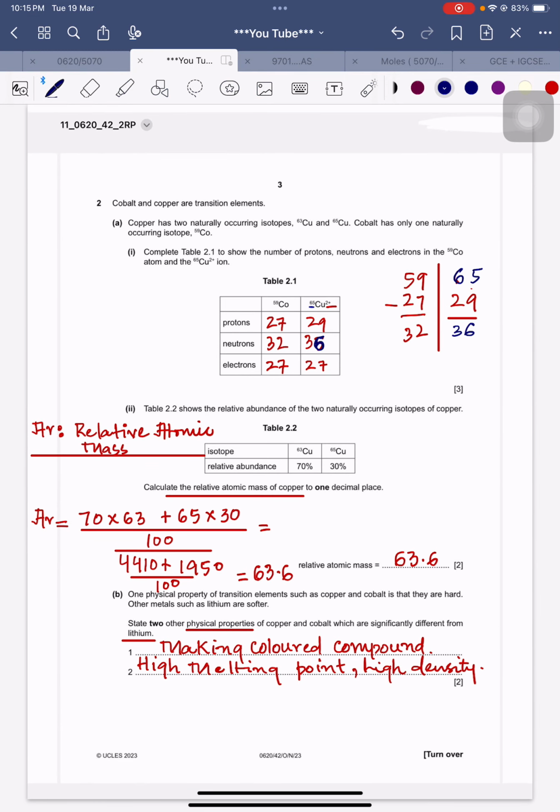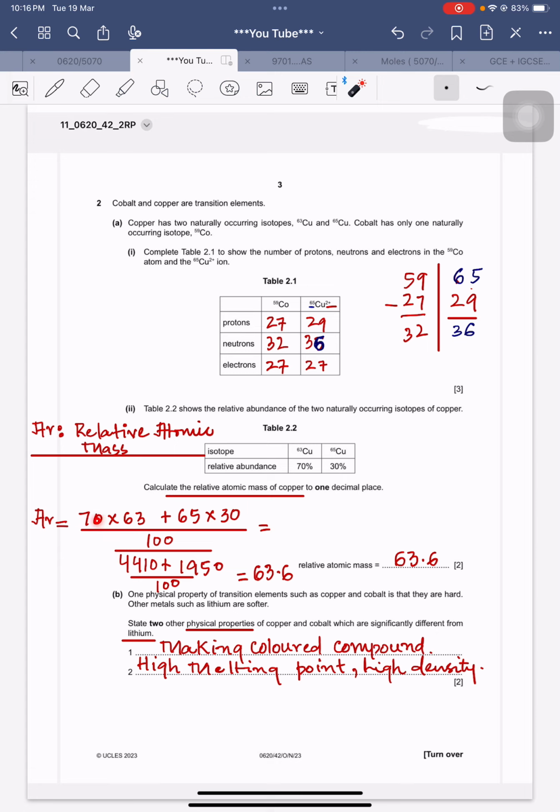Okay, then there is another question. It is a question related to the isotopic abundance. So you have the relative abundance of the 2 naturally occurring isotopes of copper. You can see one is 63, which is 70%, one is 65, which is 30%, and we have to calculate the relative atomic mass to 1 decimal place. So it is the formula which we have done in our previous working related to isotopes.